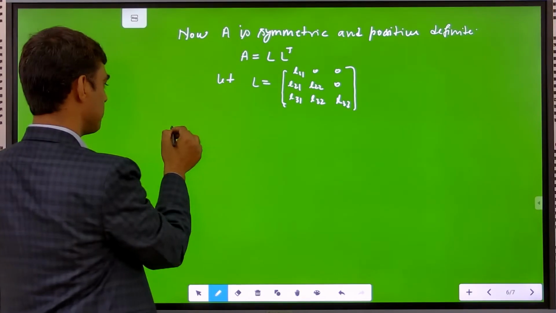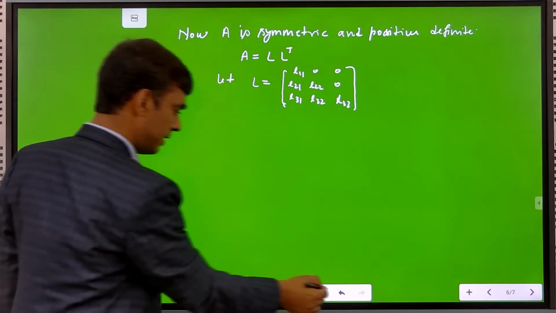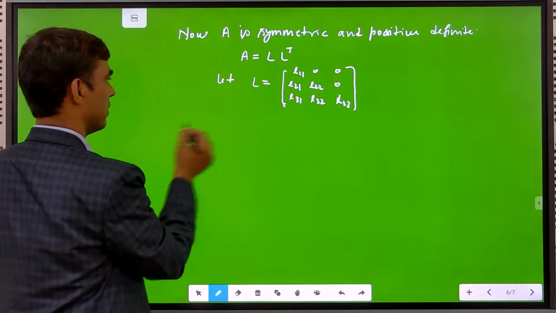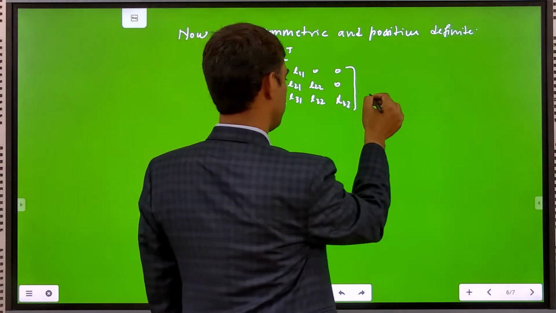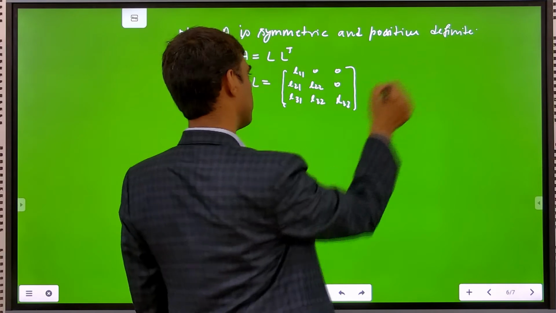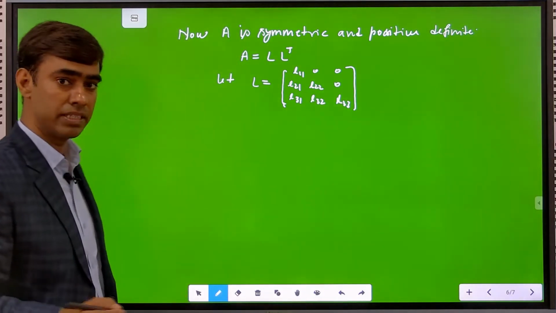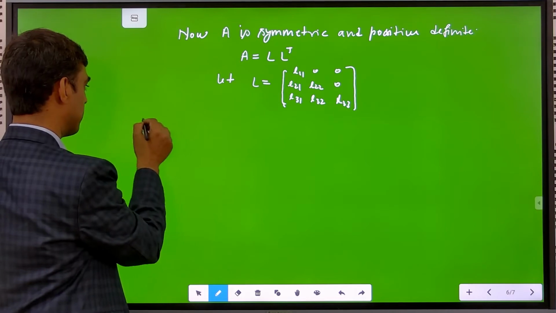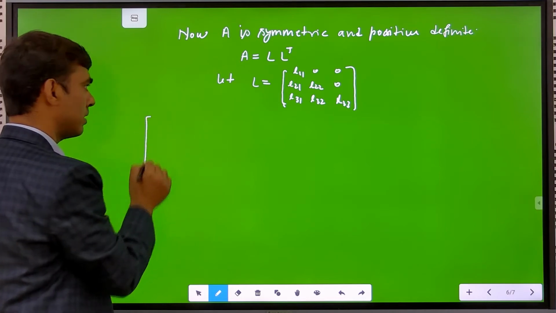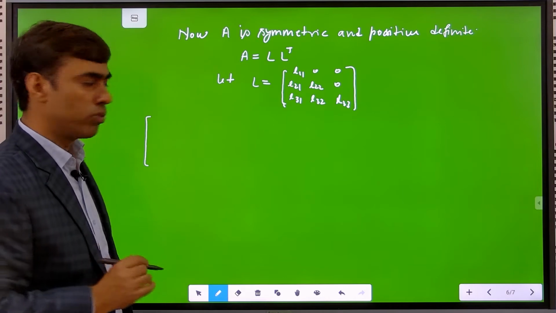Now here we write matrix A. Let L be this, then L transpose: the first row becomes the first column, the second row becomes the second column, and the third row becomes the third column. Now we write matrix A here in order to find the values of the lower triangular matrix.